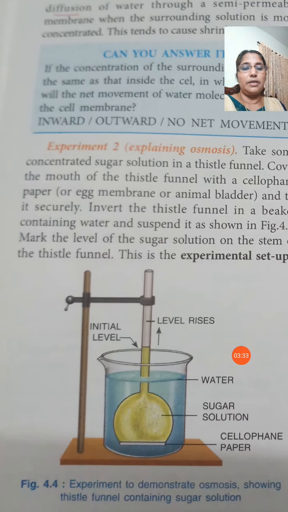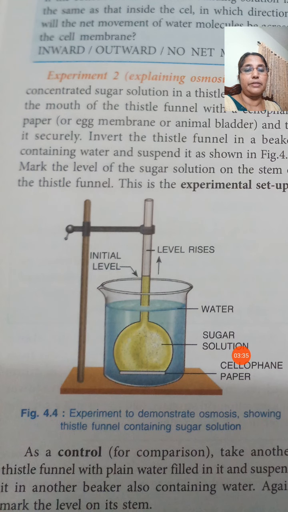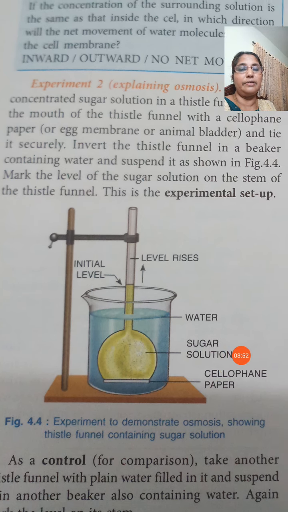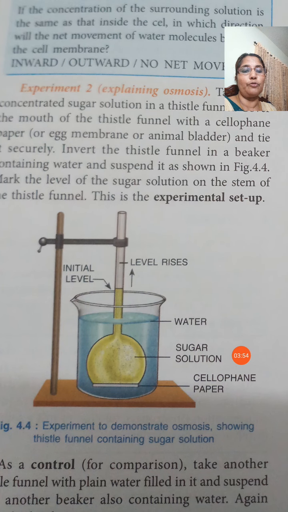Here you can see one experiment. This is a kind of funnel known as a thistle funnel. Inside the thistle funnel, a sugar solution is taken, and the mouth of the funnel is tied with a particular kind of paper known as cellophane paper.